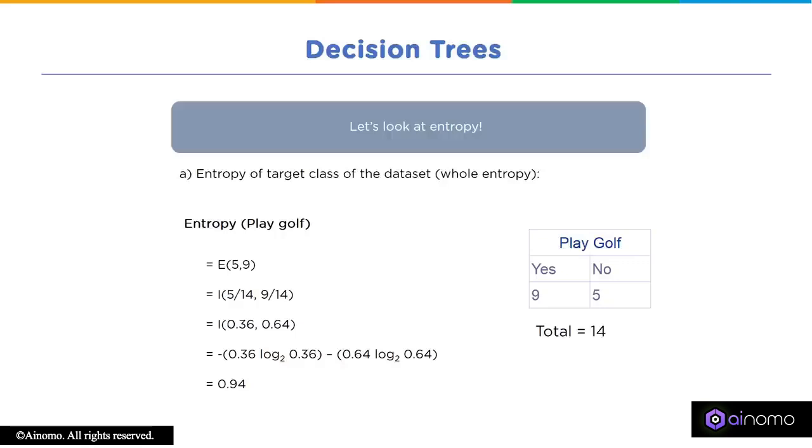That's our p and n values that we plug into that formula. 5 over 14 equals 0.36, 9 over 14 equals 0.64. And when you do the whole equation, you get minus 0.36 log base 2 of 0.36 minus 0.64 log base 2 of 0.64, and we get 0.94. So we now have a full entropy value for the whole set of data that we're working with. And we want to make that entropy go down.